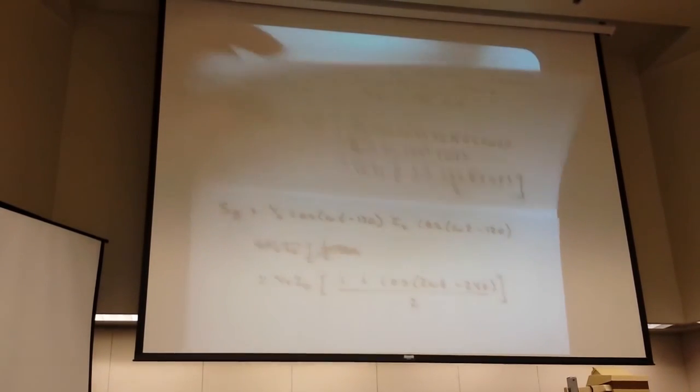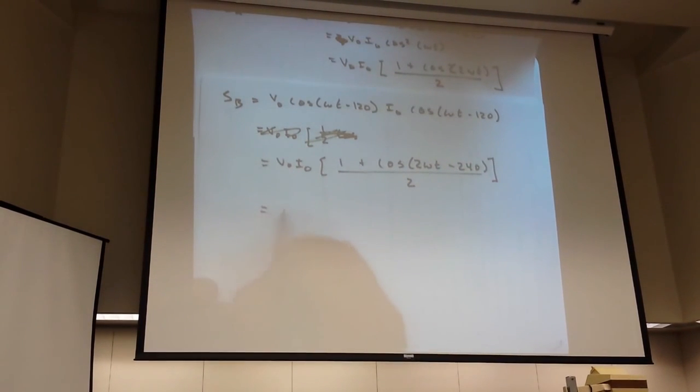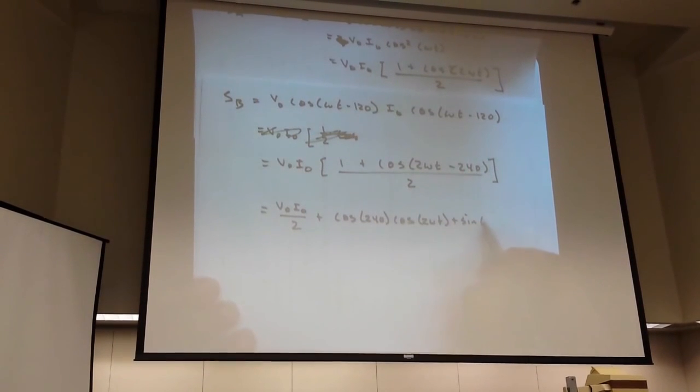Let's just take advantage of our trigonometry. Let's apply a little bit more trigonometry because it is fun. And so we wind up with plus cosine 240 cosine 2 omega t, plus sine 240 sine 2 omega t.